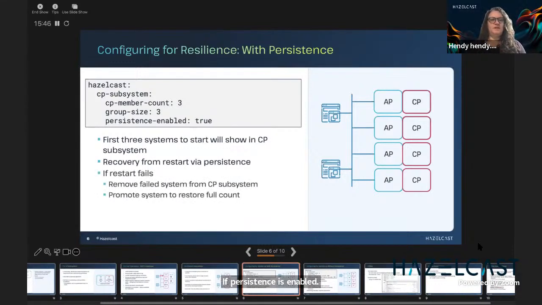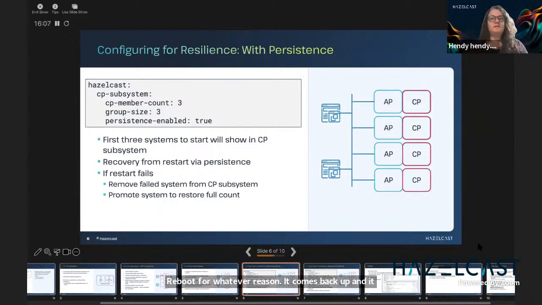If the restart fails, or if there is no data because you don't configure persistence, then there's manual intervention that has to happen. So cluster member 3 reboots for whatever reason, and it comes back up and doesn't have any knowledge of its group membership.